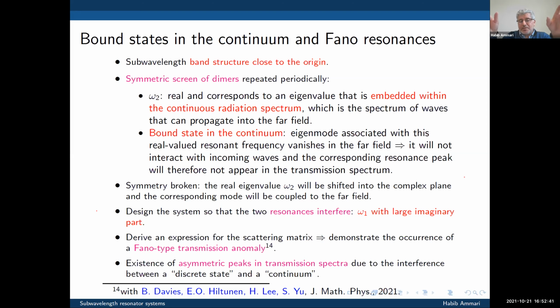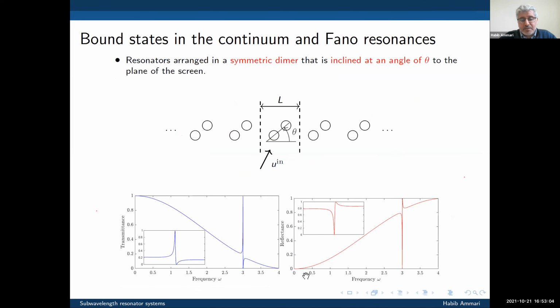This is a dimer. There are two frequencies. You need to make omega-1 with large imaginary parts. You need to shift this omega-2 into the complex plane, and you need to make them highly interacting. And then doing this, you can show the existence of asymmetric peaks, which are known as Fano transmission peaks.